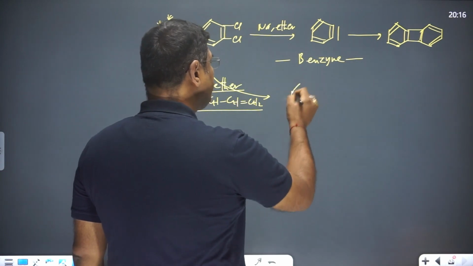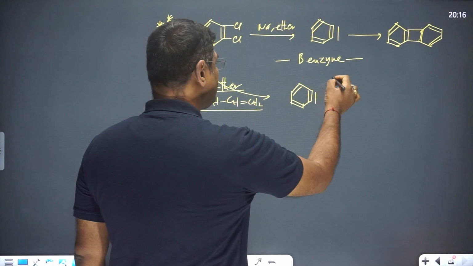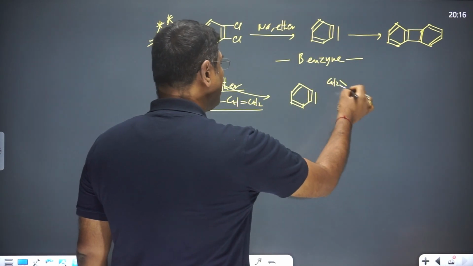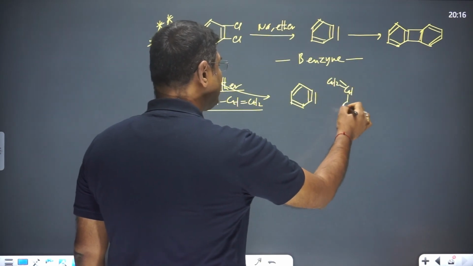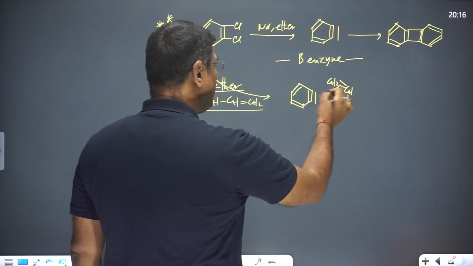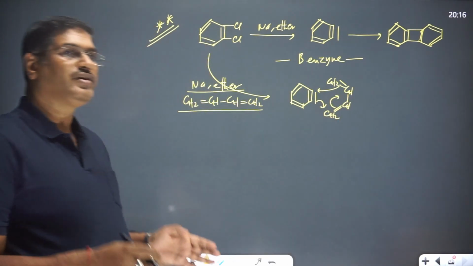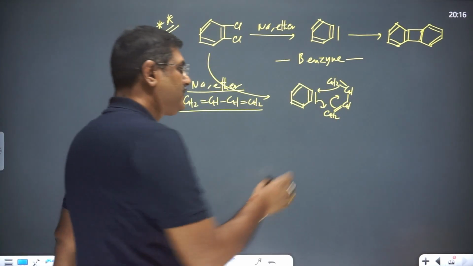This benzyne reacts with CH2=CH-CH=CH2, and this kind of Diels-Alder reaction takes place.